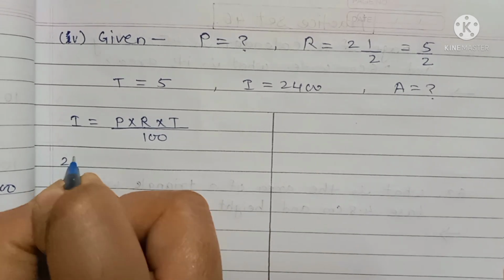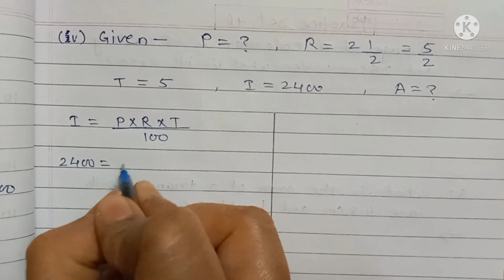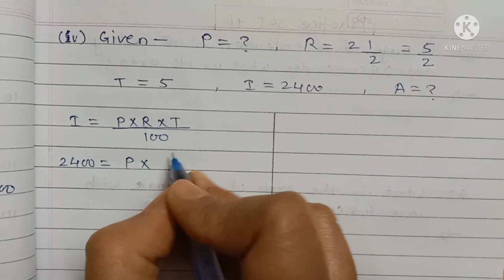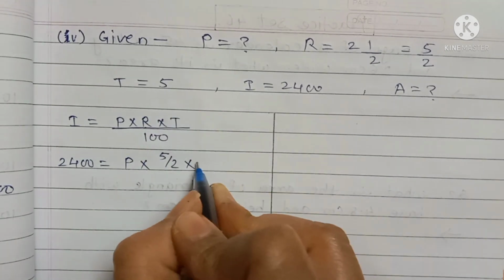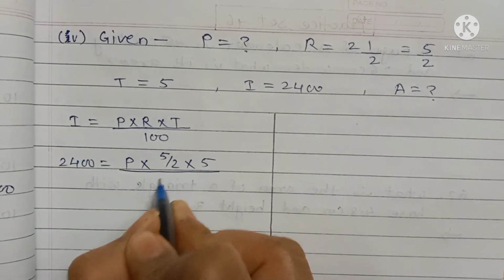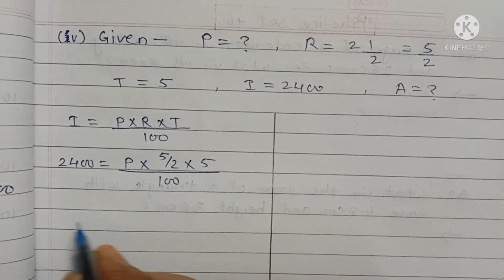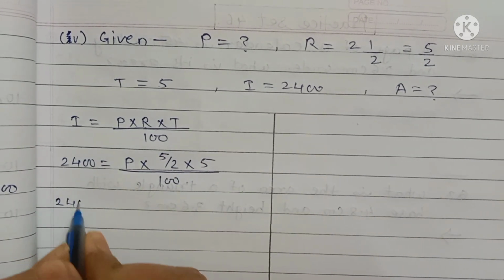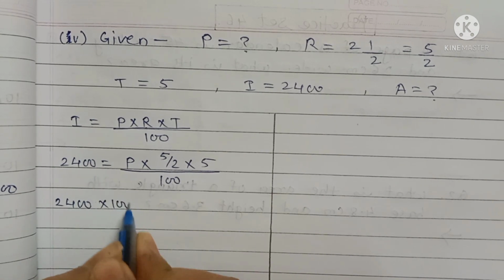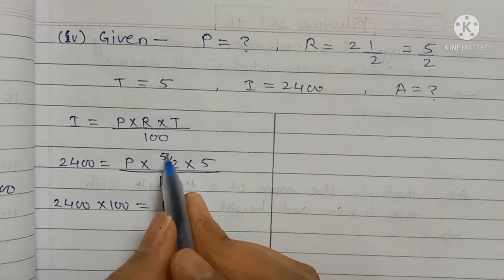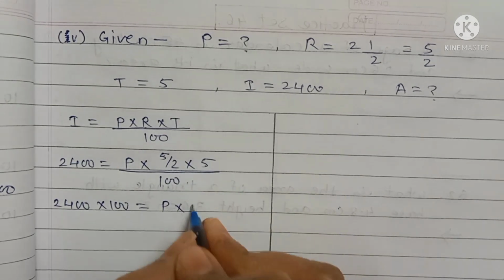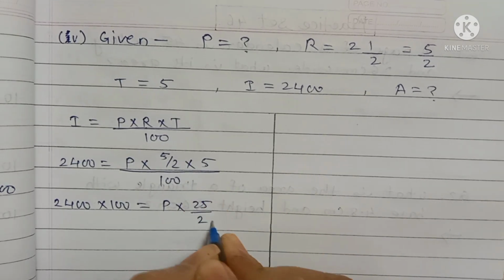I is given 2,400 is equal to P into 5 upon 2 into T is 5 upon 100. 2,400 multiplied by 100 is equal to P into 5 5s are 25 upon 2.